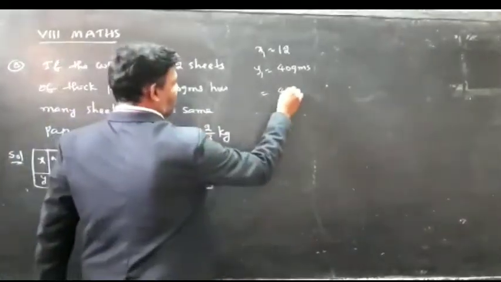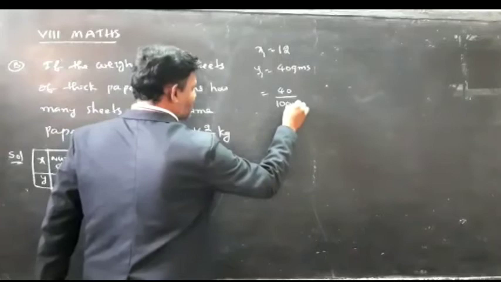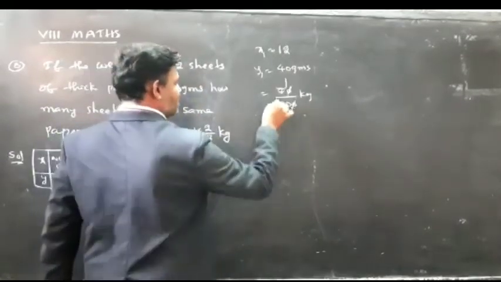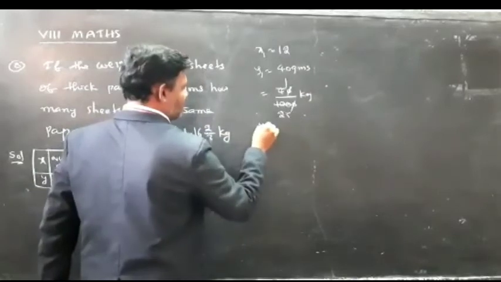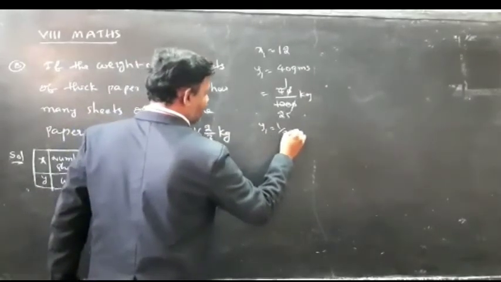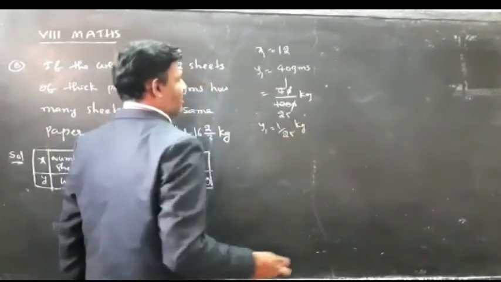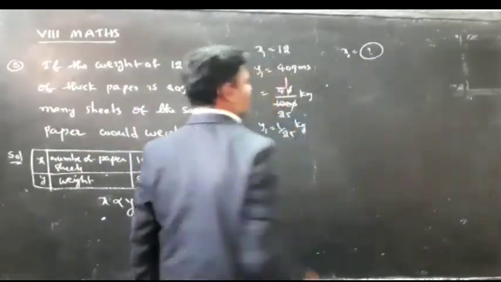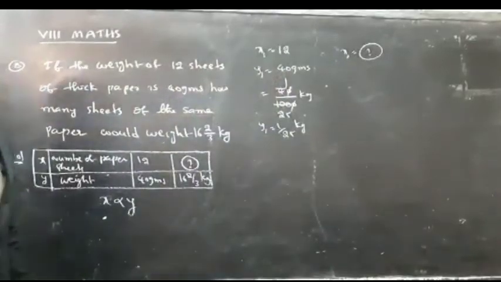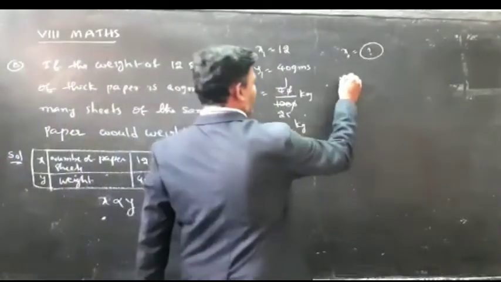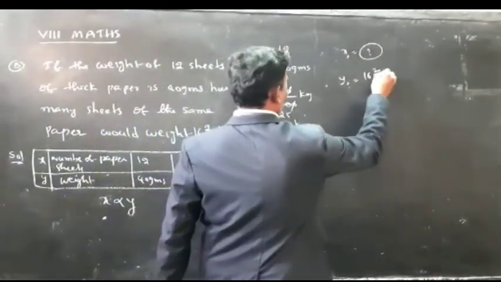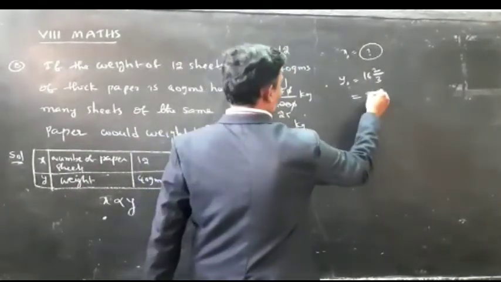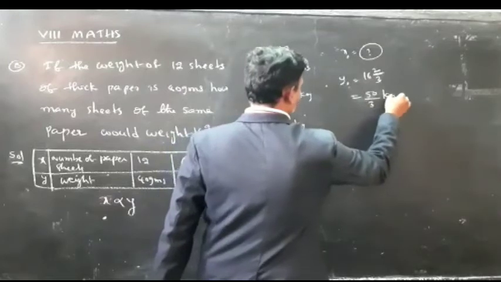So 40 grams is nothing but 40 by 1000 kgs. 0 and 0 get cancelled. 4 ones are 4, 4 twos are 8, 4 twenty-fives are 100. So y1 is equal to 1 by 25 kg. Next, what about x2? I don't know how many papers are required to get the weight 16 2 by 3 kgs. Then y2 is equal to 16 2 by 3. It is a mixed fraction. 16 threes are 48, 48 plus 2 is 50 by 3 kgs.